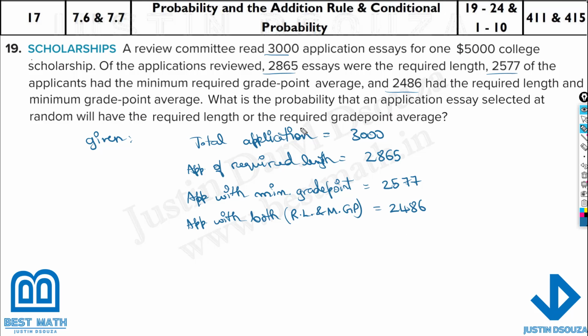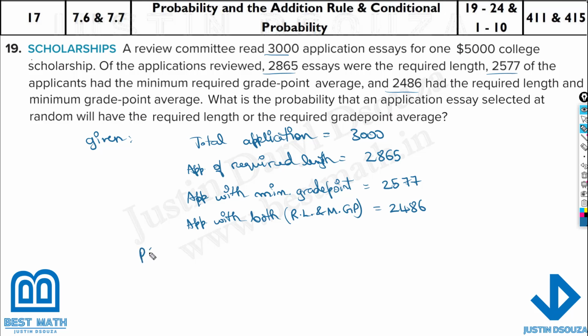Now then, what is the probability that an application selected at random will have the required length or required grade point? Here you can see this is the addition rule because 'or' is mentioned. Step 2 is to find the required length or required grade point.